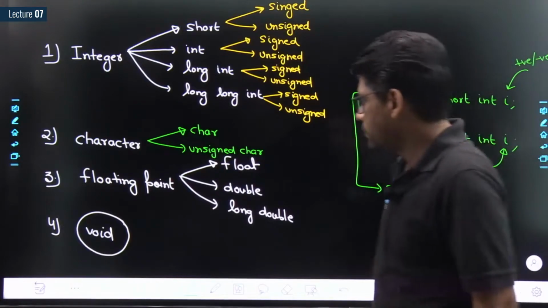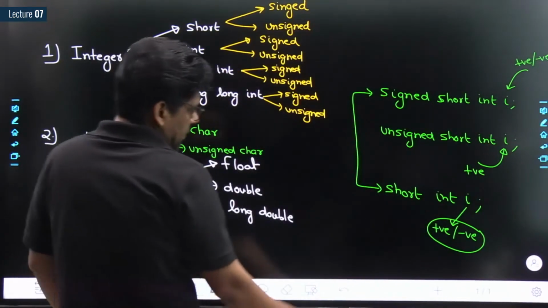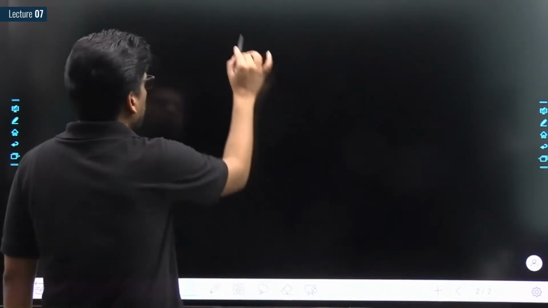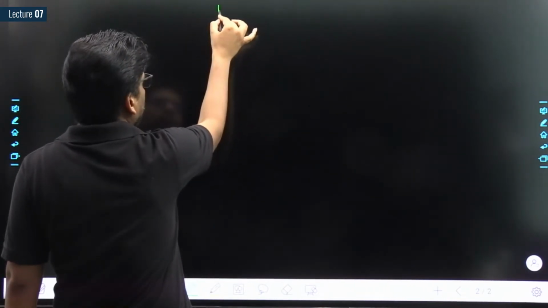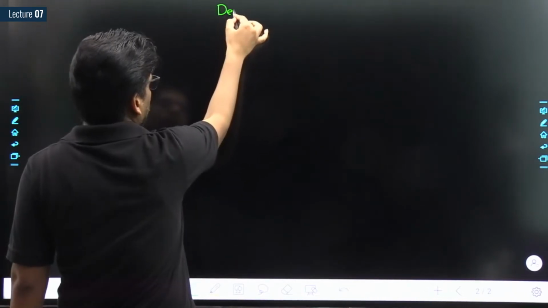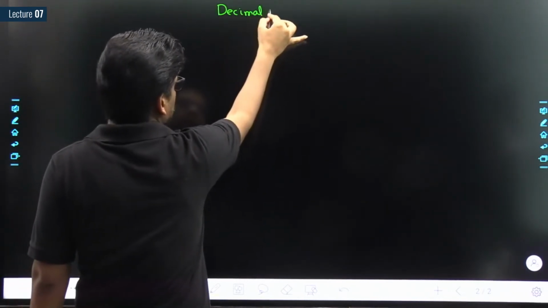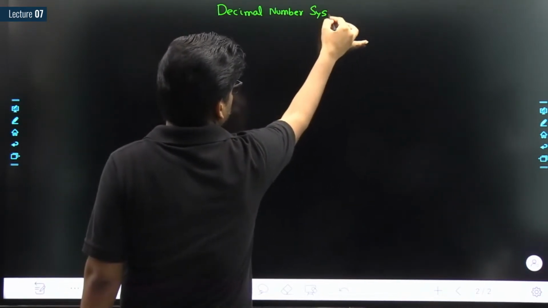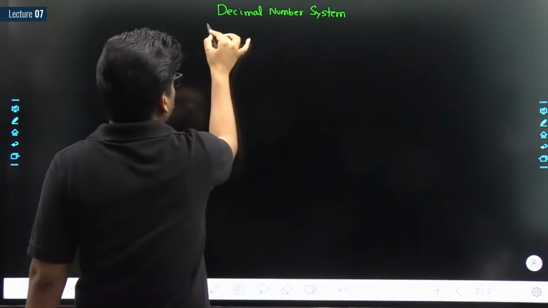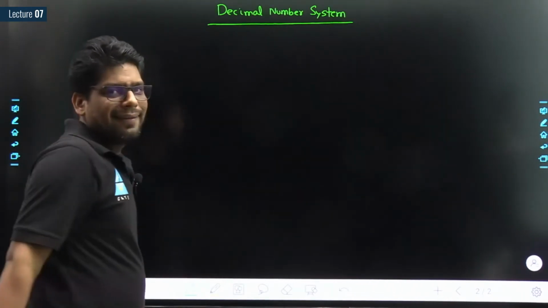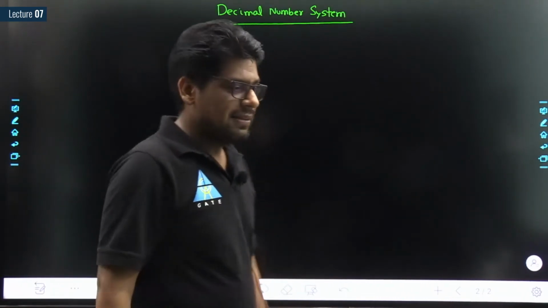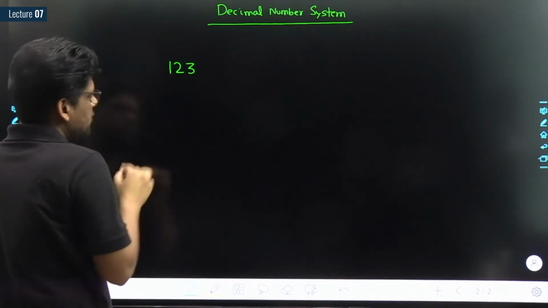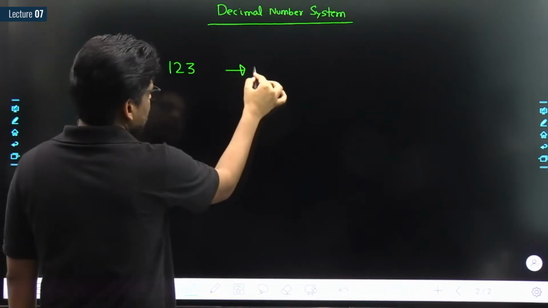Let's move on and talk about the decimal number system, which is what we have studied from first standard till now. In mathematics, we used to write 123. What is this 123? It is a decimal number.